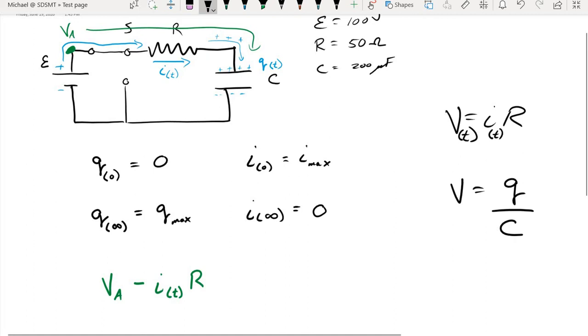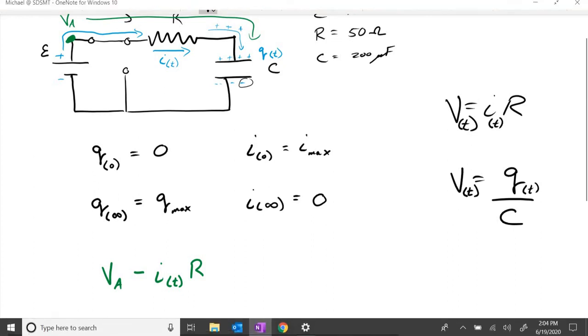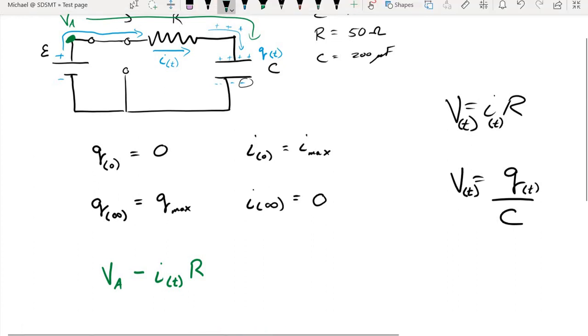Just like the current, the charge is time dependent, which means that the potential across the capacitor is going to be time dependent. As we cross the capacitor, we emerge on the negative plate, and that tells us that there has been a drop in potential.